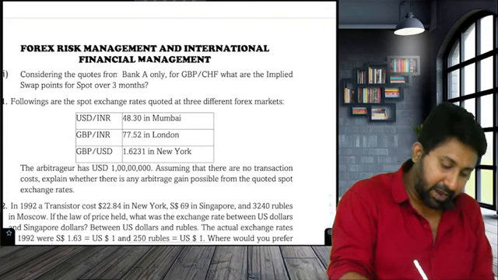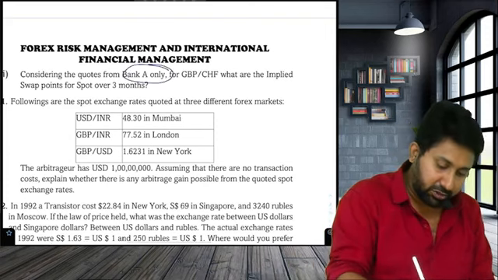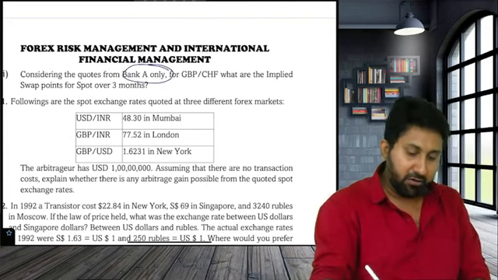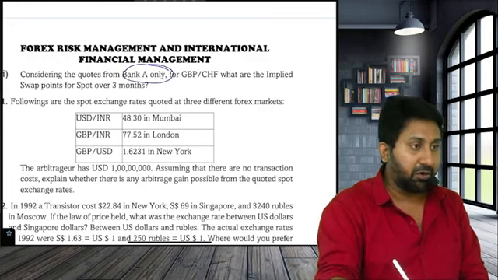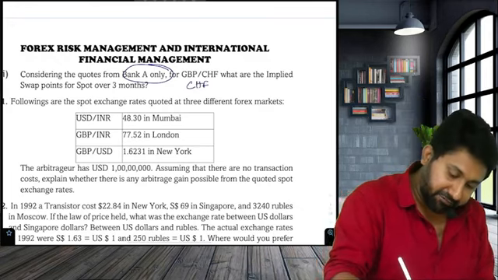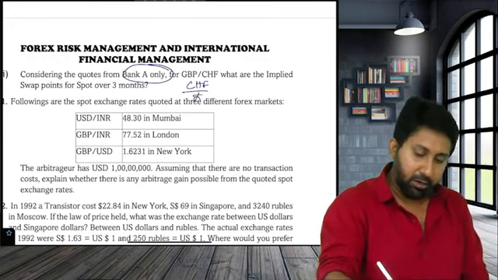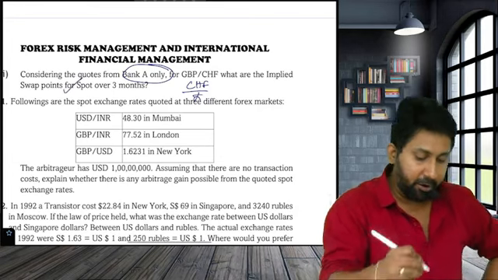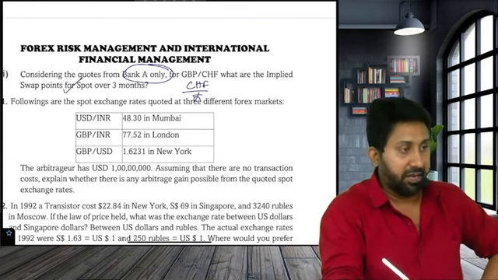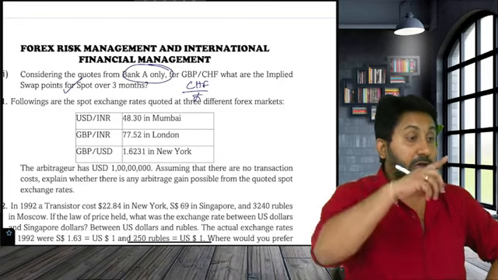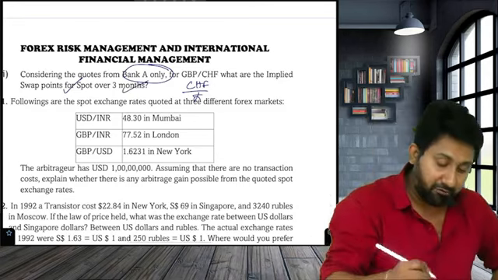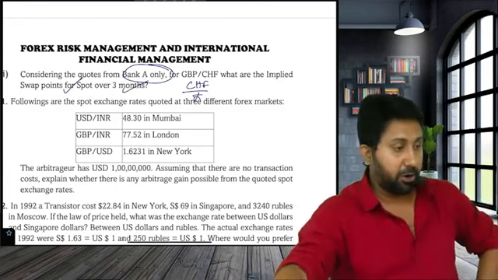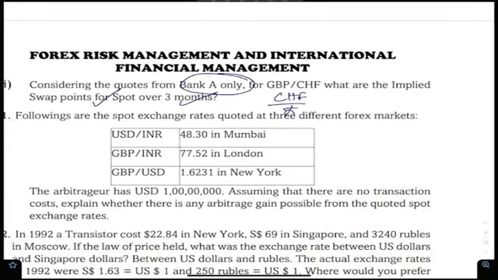Considering the quotes of bank A only for GBP by CHF, means CHF divided by pound, what are the implied swap points for spot rate over 3 months? Spot rate over 3 months represents the forward rate. Read the question properly before we start solving the answer.